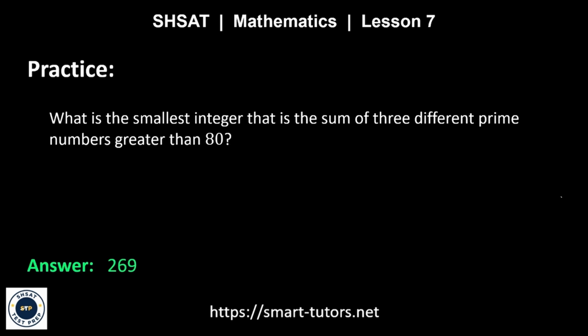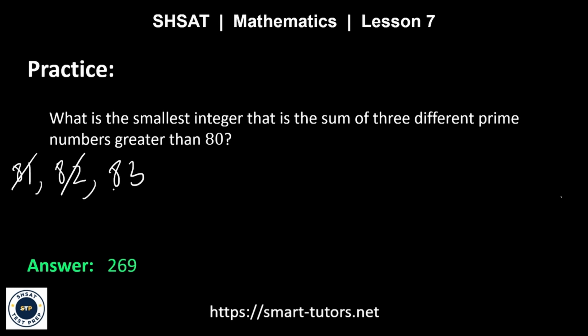What is the smallest integer that is the sum of 3 different prime numbers greater than 81? You want to look at the numbers that are greater than 81. 81 is a multiple of the 9 times table, so it's not prime. 82 is even.